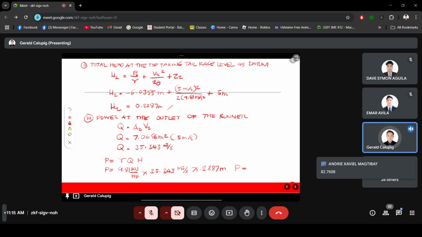Ang gagamitin nating H here is yung H2 since outlet yun, no? Of the runner. Okay, we can have the power is equal to 82.7608 kilowatts. That is for the question number 3.